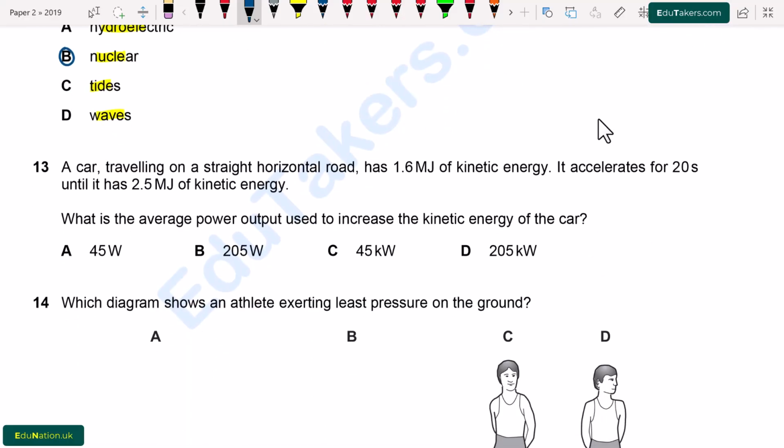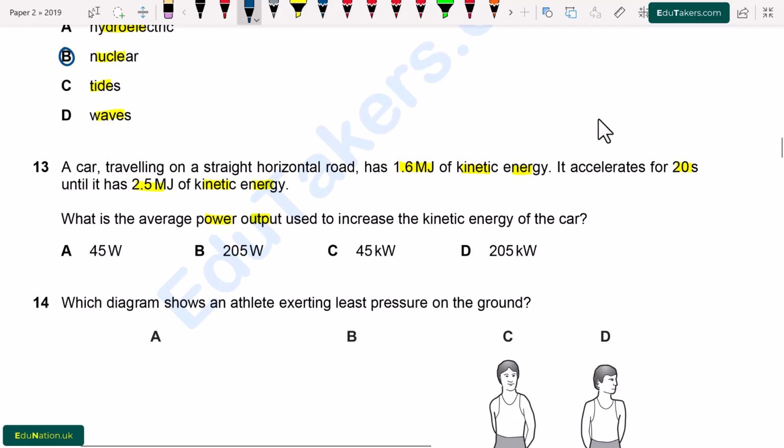Question number 13. A car traveling on a straight horizontal road has 1.6 megajoule of kinetic energy. It accelerates for 20 seconds until it has 2.5 megajoule of kinetic energy. What is the average power output used to increase the kinetic energy of the car?